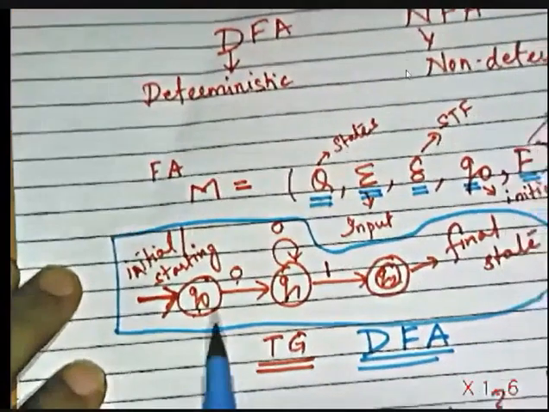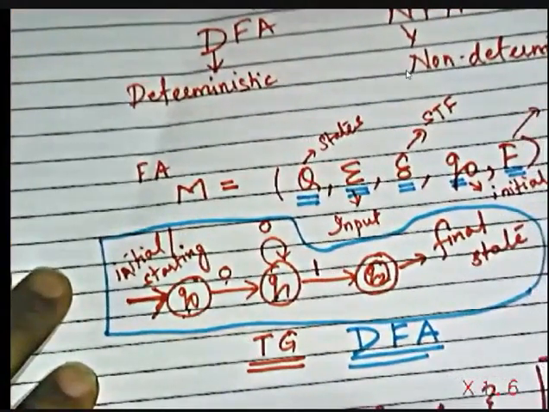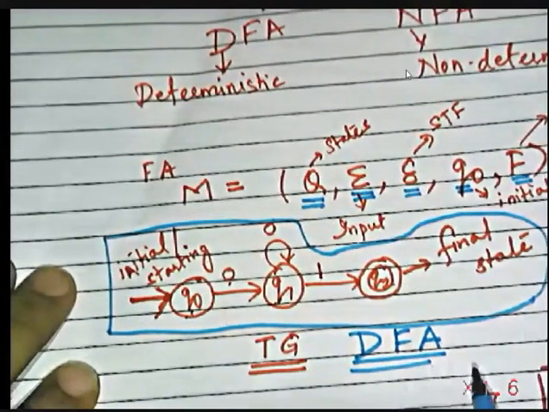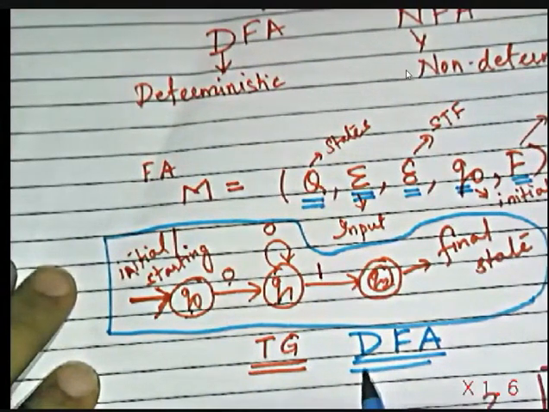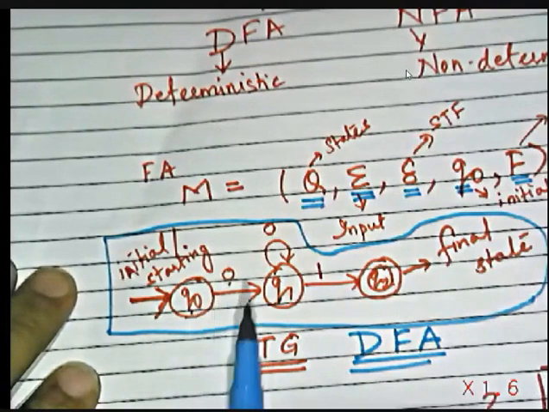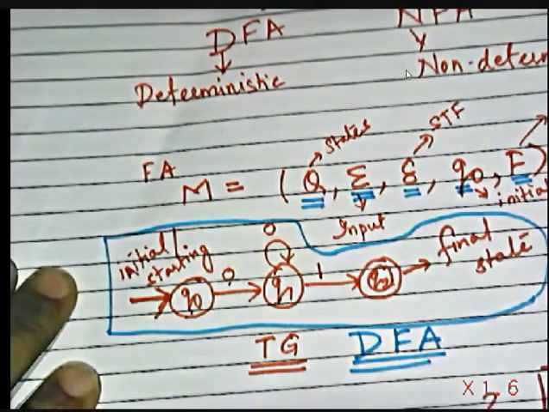Every state with a single input moves to only a single state, and hence we call such finite automata deterministic finite automata. Now the question arises, why is it named deterministic? Because it is determined that if I get a particular input 0 for a current state Q0, to which state I have to move: a single state.